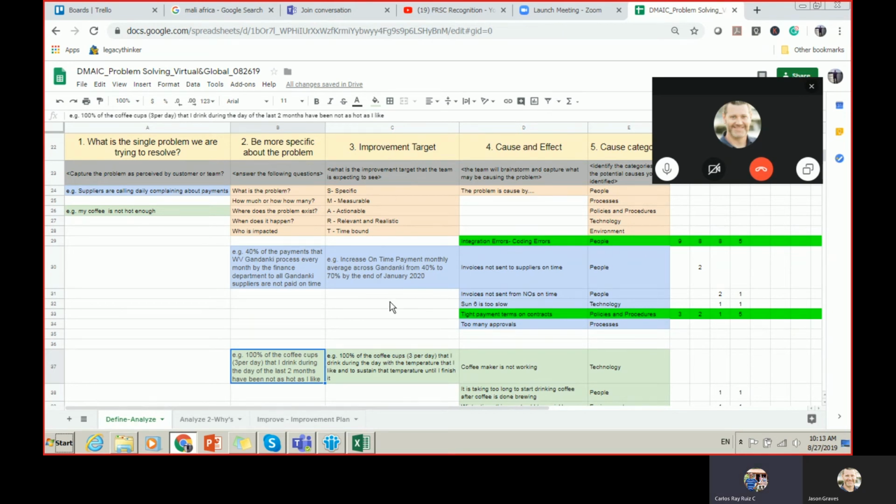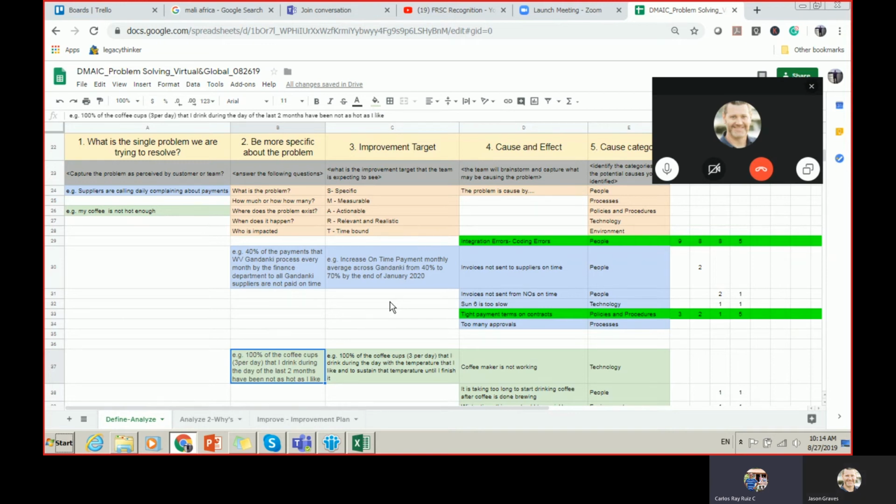So basically I'm saying, be specific, be SMART: specific, measurable, actionable, relevant, realistic, and time bound. So I want to increase on-time payment, on a monthly average across Gandanki, from 40 to 70 by the end of January 2020.